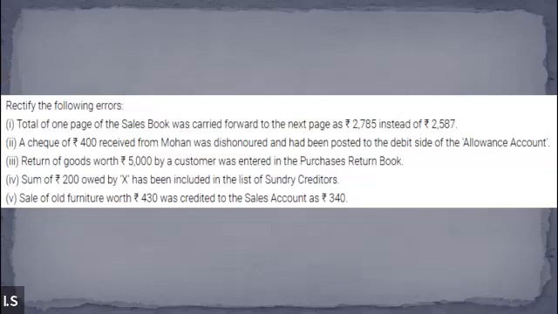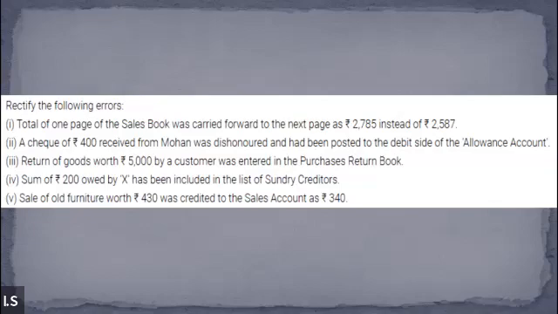Correct. Then the second, suspense. No. I only wrote that one. Okay, so could you just repeat your entry once more? Sundry debtor debit to sundry creditor. Okay, so you have debited the debtor and credited the creditor's account.